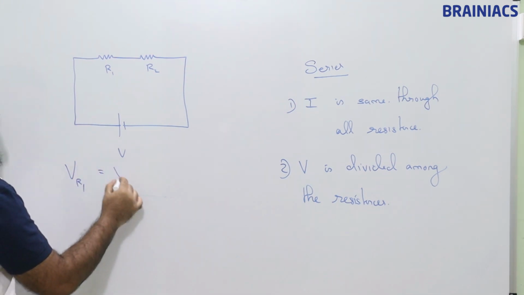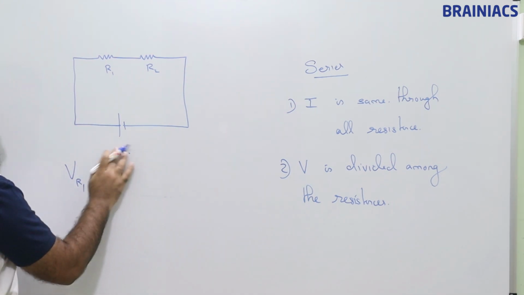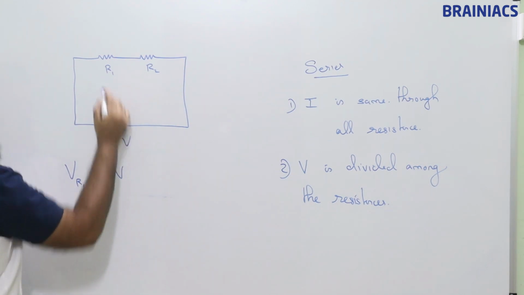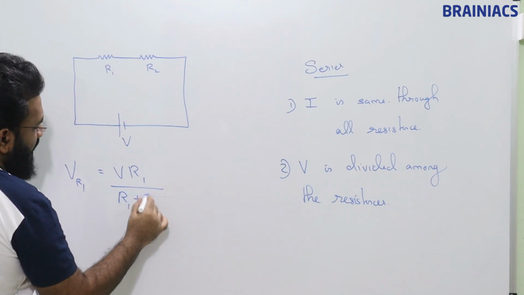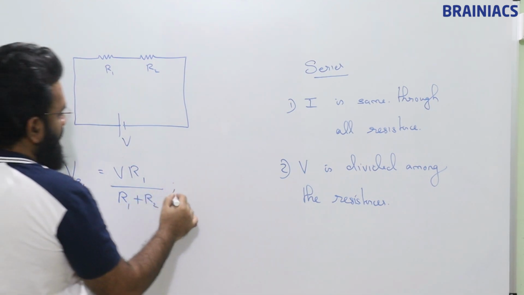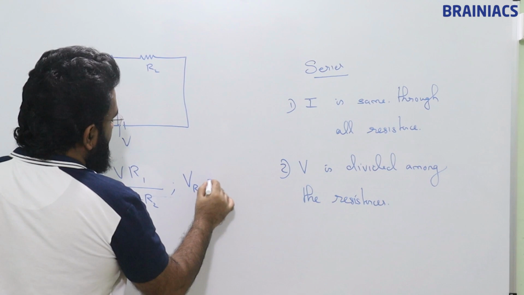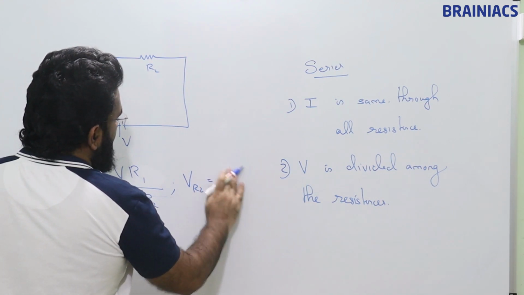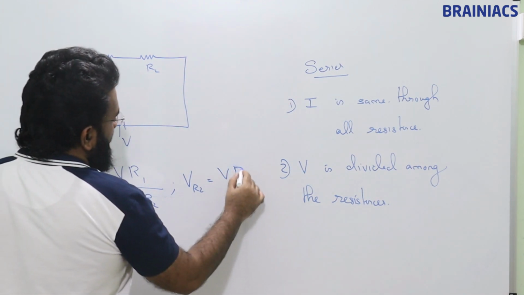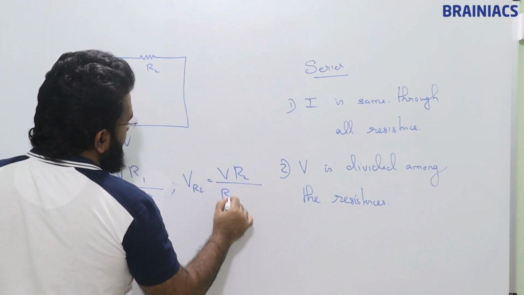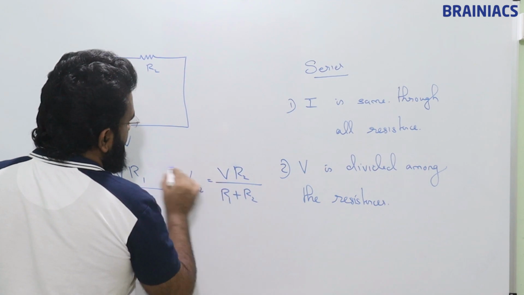So the simple trick is this voltage V into R1 divided by R1 plus R2. Voltage across R2 is nothing but V, the common voltage, into R2 divided by R1 plus R2.